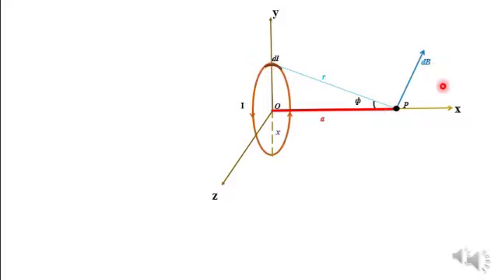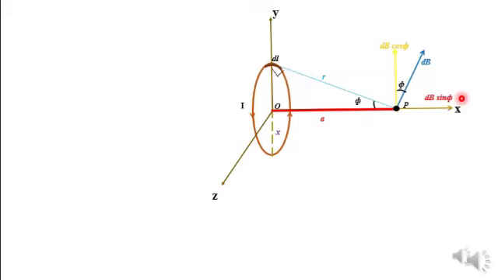To resolve this magnetic field, consider this line with angle phi. Because dB is perpendicular to r and the vertical line is perpendicular to the axis, the angle between dB and the perpendicular line is phi. Then this component is dB cos phi and this component is dB sin phi.